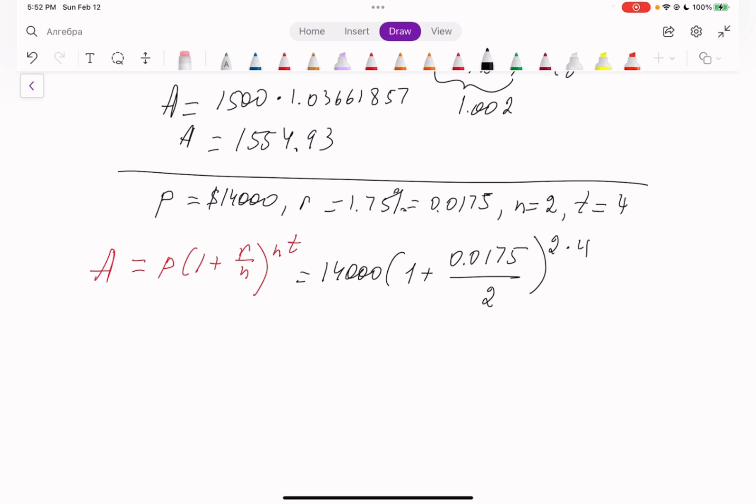So 0.0175 divided by 2. Okay, 0.00875 plus 1. I'm getting 1.00875 and raising to power 8. So let's raise to power 8.